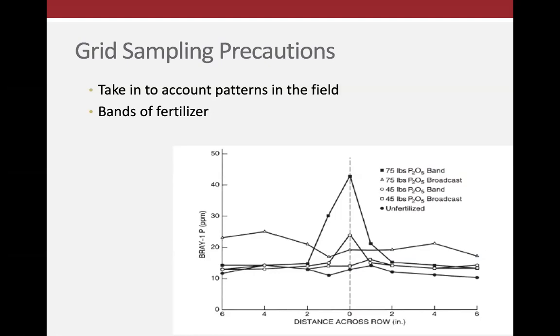So we can see when things are banded, that is, placed in a concentrated strip, often through the planter when you're planting seed, we can get much higher, elevated soil test results, which is right here, than if it's broadcast, okay? The broadcast ones are this gray triangle in this open square. I know this is a terrible picture. We don't have those peaks that happen with the banded at 75 and banded at 45.